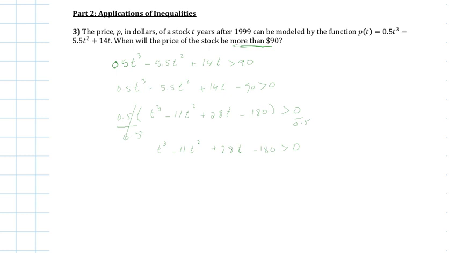I can't do factor by grouping. So what I have to do is find a factor. In this case, the factor I believe would be a good one is 10. You can try different factors. So t minus 10 is a factor.